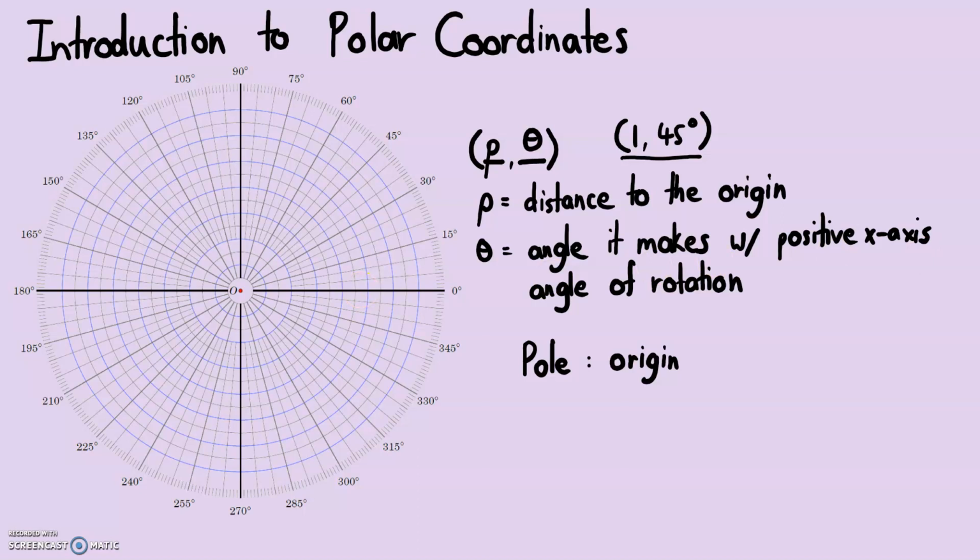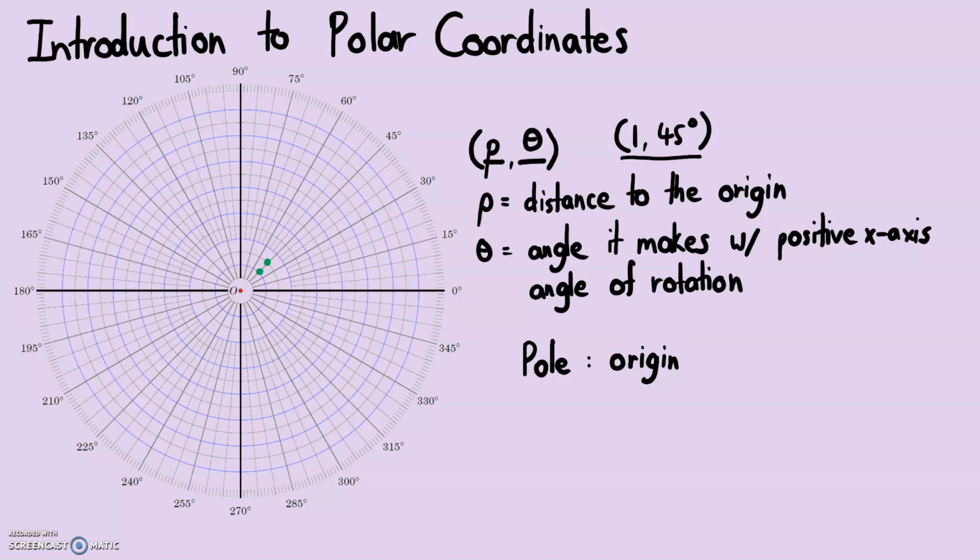So if you were to plot (1, 45), it's going to be right there. And if you were to plot (2, 45), same angle but one radius bigger, it can be right there. So notice that as the radius increases, it just goes up by 1 like that.